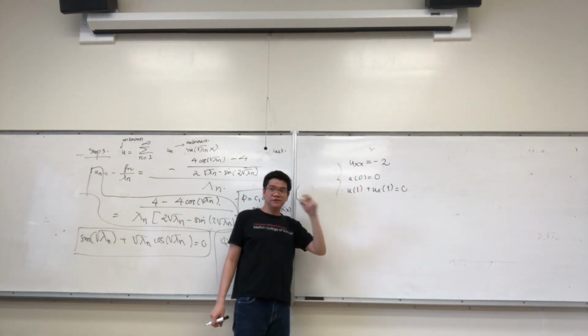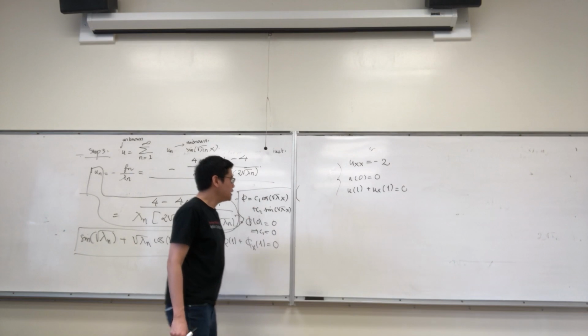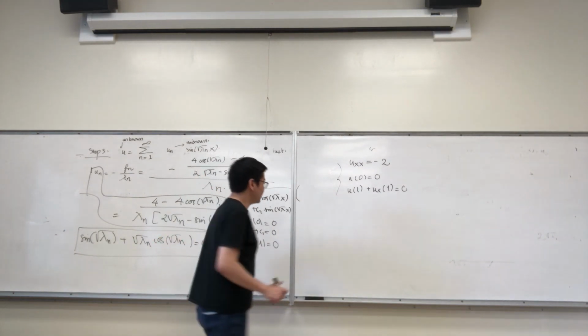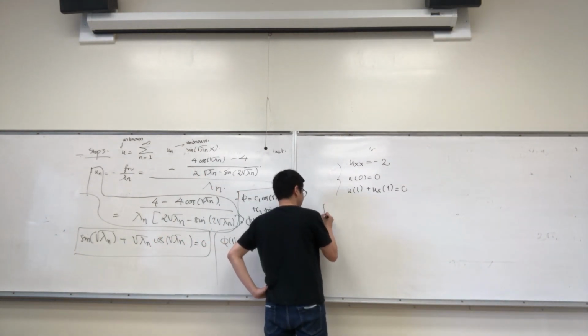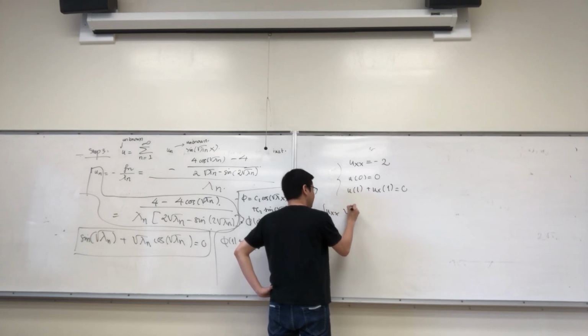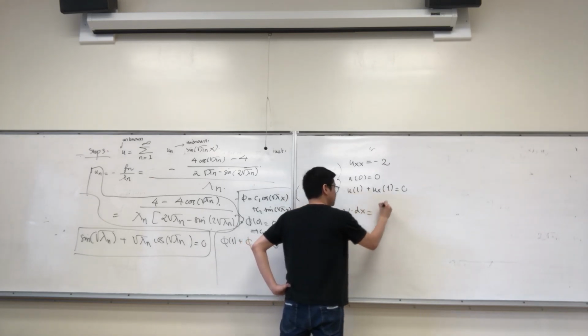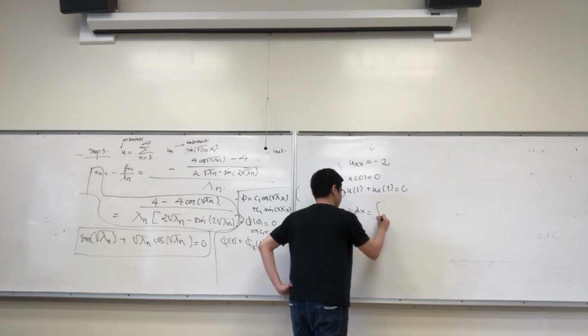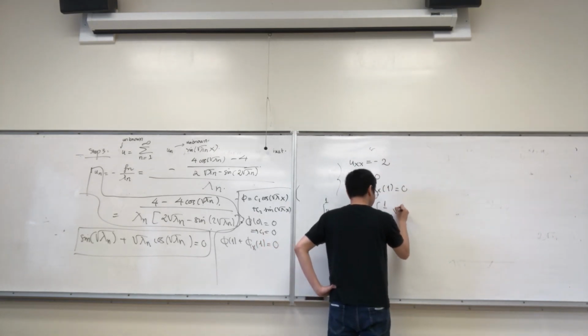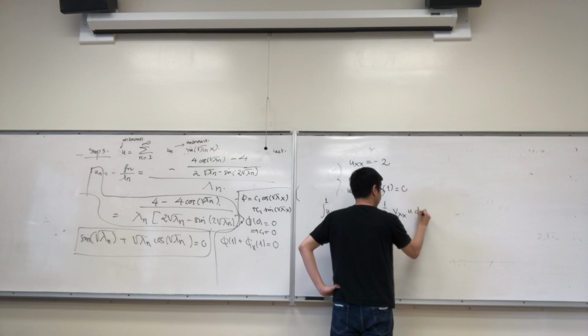And I'm going to check self-adjointness, right? In order to check self-adjointness, I have to show that the integral from 0 to 1 of uxx times v dx is also equal to the integral from 0 to 1 of vxx times u dx.